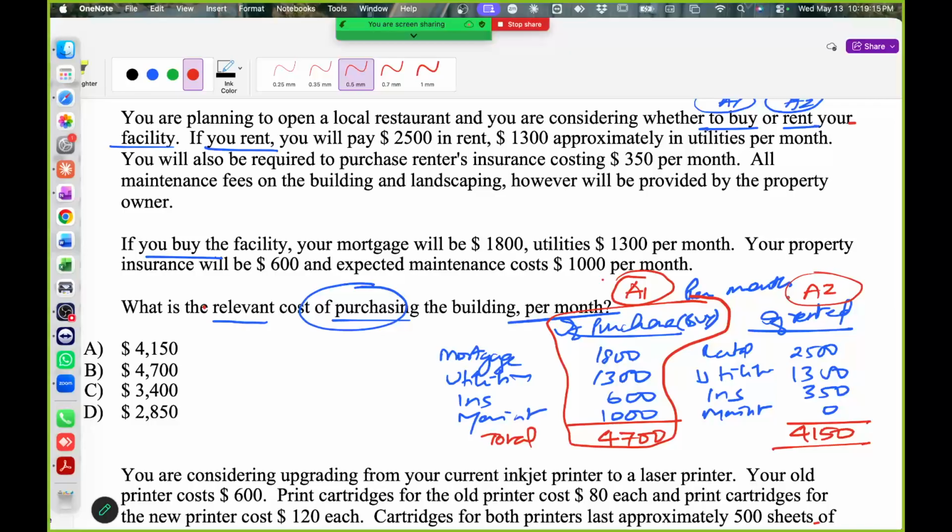Only Shreya is answering. What about others? I have put all the data, totaled it also. I am asking a simple question. What are they asking? What is the relevant cost of purchasing the building and starting the local restaurant? 40 minutes I explained the relevant cost. Come on.